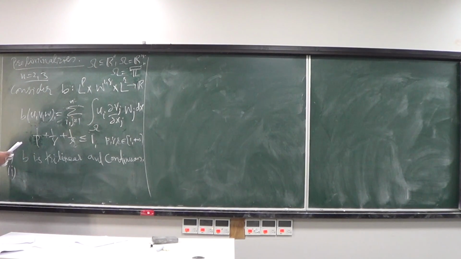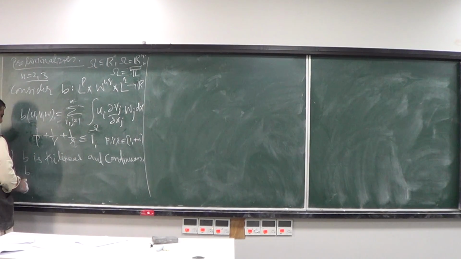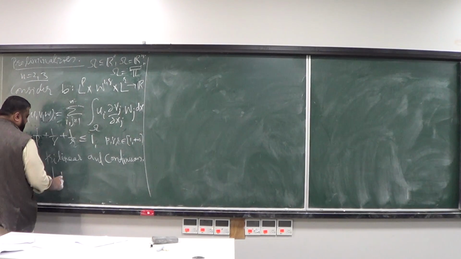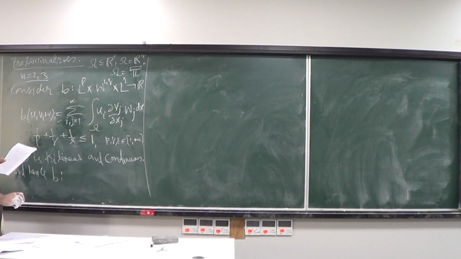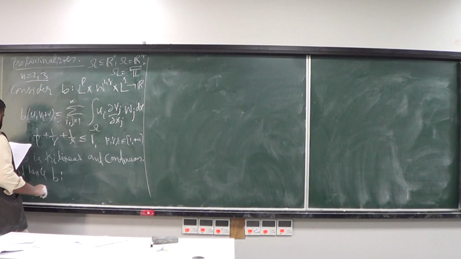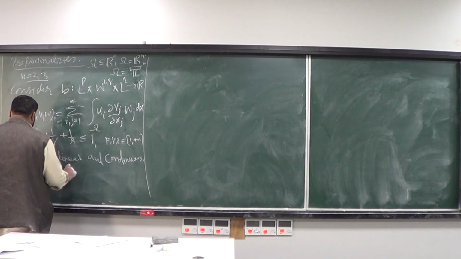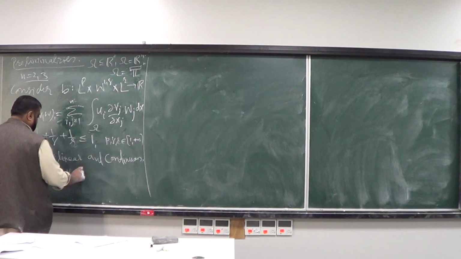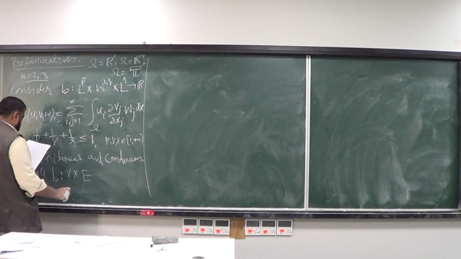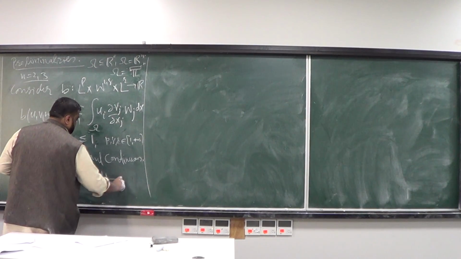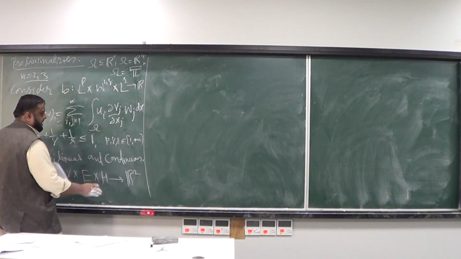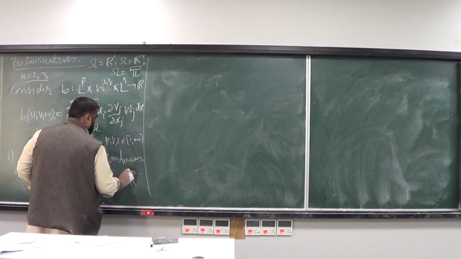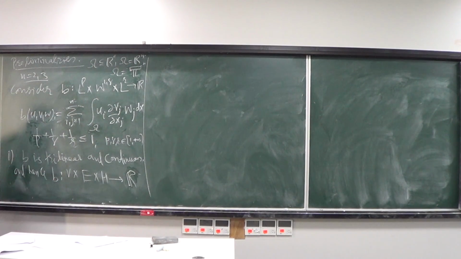B can be extended, and hence B can be extended to a bigger domain, which is V, the definition is the same, cross E cross H into R. So you can extend it like that.